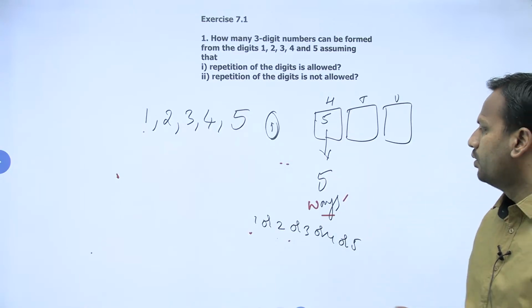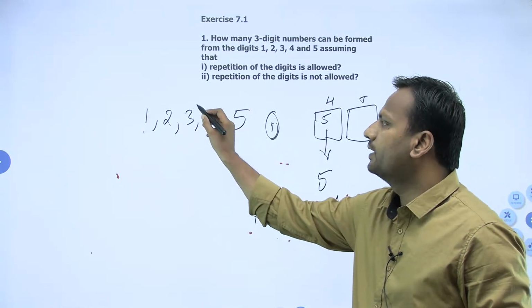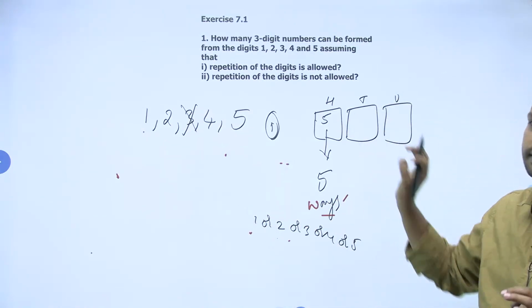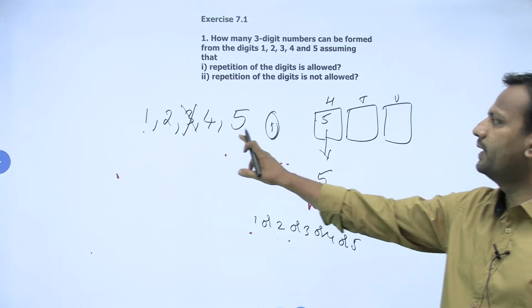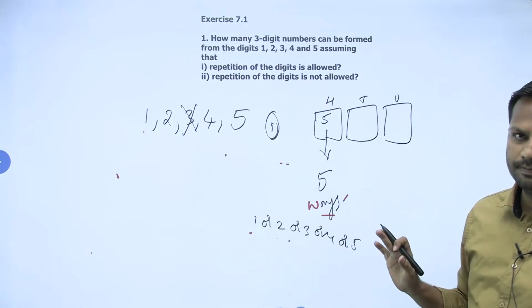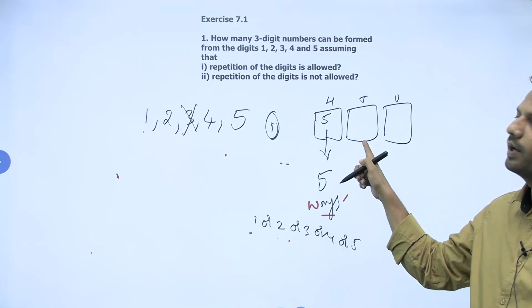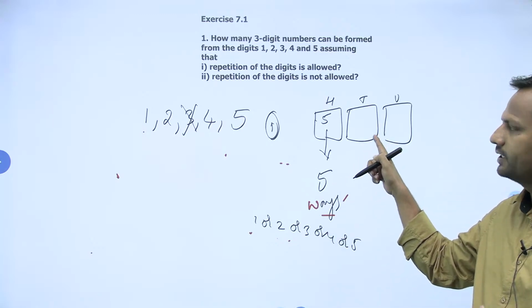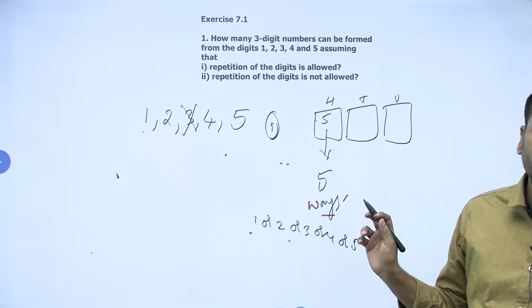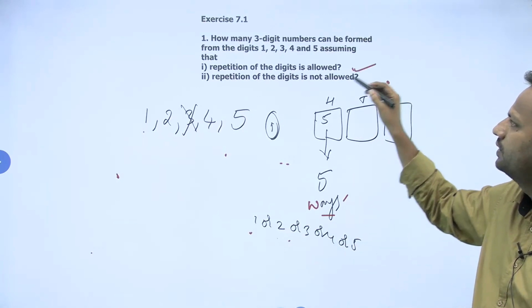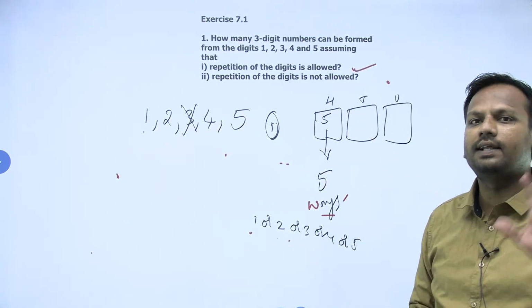Now you see, when you fill one of the numbers in the hundreds place, let me take 3, which you have already filled here, you have the liberty to use this 3 once again in the tens place as well as in the units place. Why? Because of the condition given: repetition of the digits is allowed.